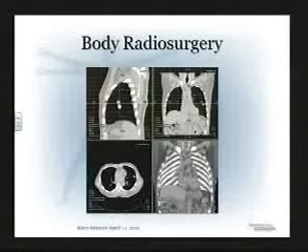Well, in the old days, we might give radiation just AP/PA, but you couldn't get enough of a dose in to really get good local control. And so the gist of this is that we can now give very high doses, usually in a three-fraction regimen, and get control rates that are in the 90% range in terms of overall control for lesions like this. So we'll talk about how we get there.